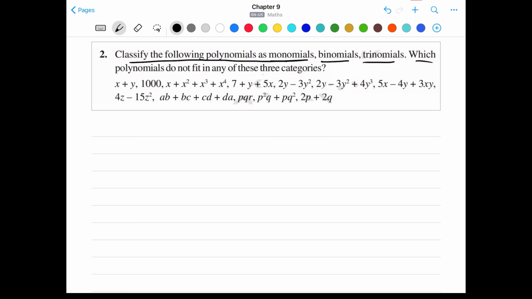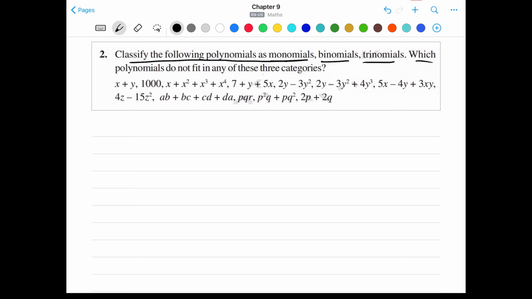Okay, let's see the first expression, which is x plus y. So this has two terms. This will be a binomial. Next is 1000, which is only a single term, so we'll write this in monomials.